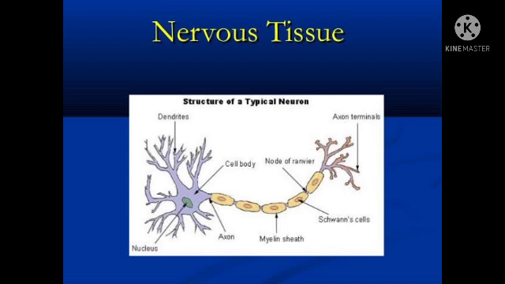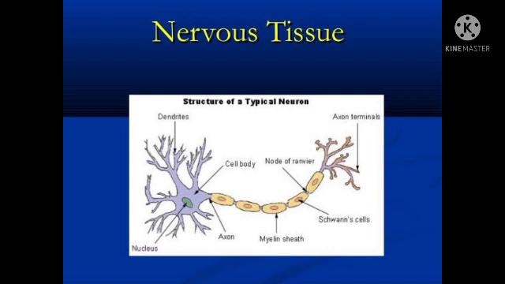Now let us see about the structure of neuron. Neuron consists of a cell body, which is also called cyton. A neuron has a long tail-like structure, which is called axon. And at the head of the cyton or cell body, you can see a number of finger-like projections, which are called dendrites.